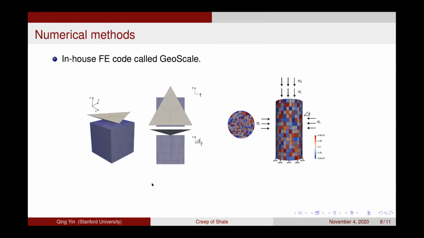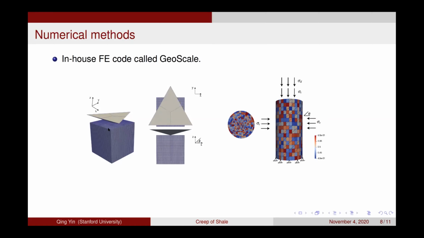Notice that the challenge in the indentation simulation is the computational cost. Normally, when you have a contact problem in 3D, the computational cost is going to be your main challenge. And here we use some techniques to reduce the cost and model this Berkovich shape.